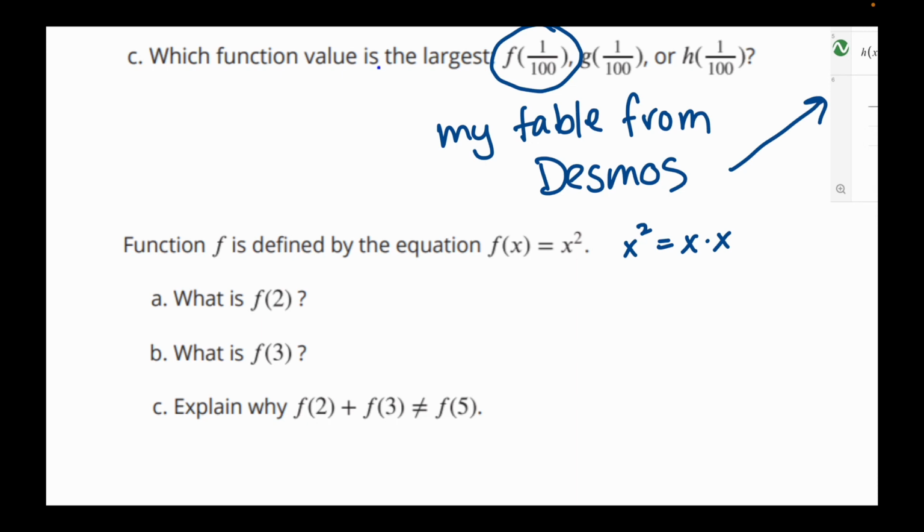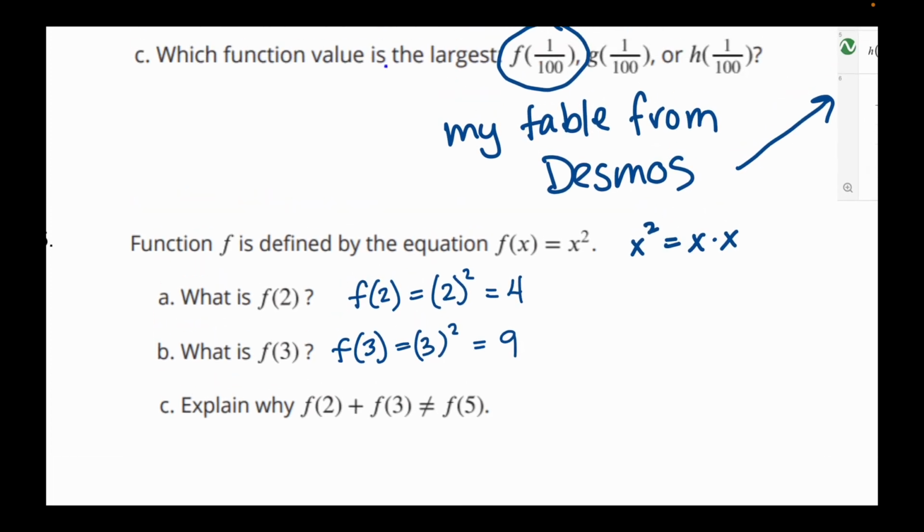If it's x to the third, I would have x times x times x. So they want to know, what is f of 2? Well, f of 2 equals 2 squared, and 2 times 2 is 4. What is f of 3? Well, that would be 3 squared, and 3 times 3 is 9.